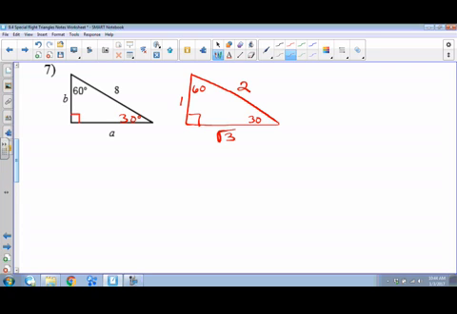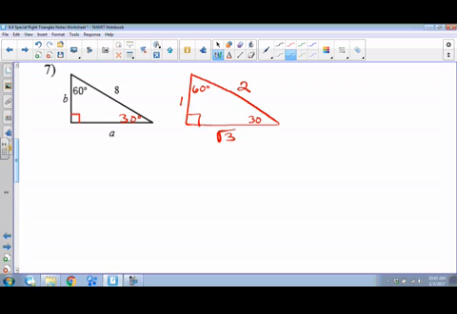That's how the process in my brain does it. I place the 2 first because I know it's the hypotenuse. And then the 1 goes opposite the 30-degree angle. It's the smallest one. And square root of 3 goes across the 60. Okay? Now we set up our proportions.